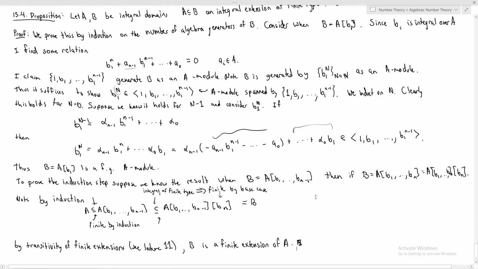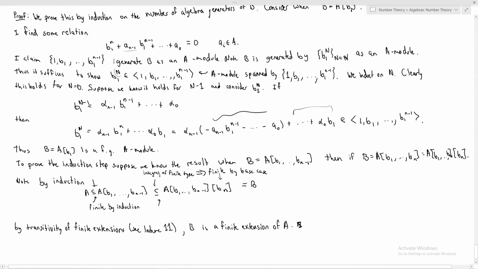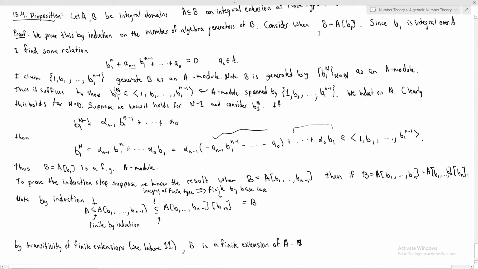So let's do a brief recap of this proof of proposition 15.4. The proposition says if I have an integral extension of finite type, then it's actually just a finite extension of rings. The way you prove this is first consider the case when you just have one generator as an algebra.